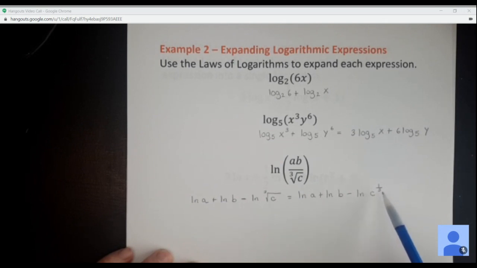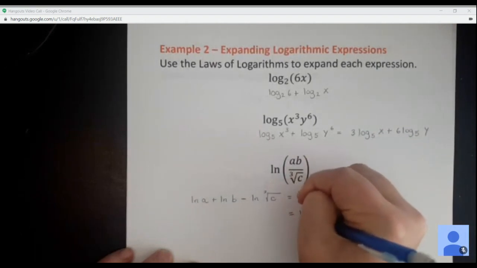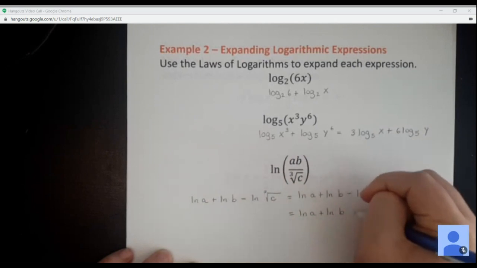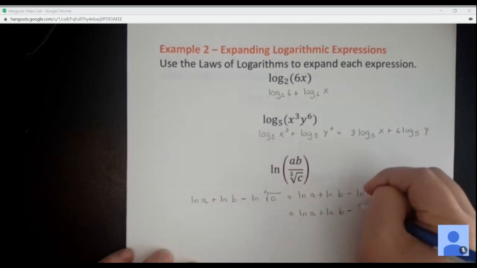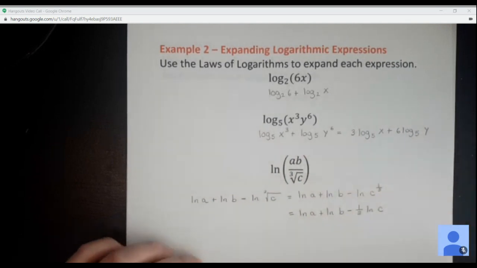Move it to the front. Good. So I'm going to move this 1/3 to the front of just this logarithm, right? Not to the front of the whole thing, just the front of that one. So this is going to be natural log of a plus natural log of b minus 1/3 natural log c.